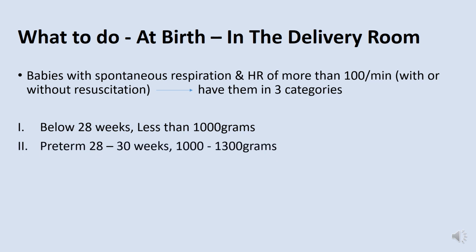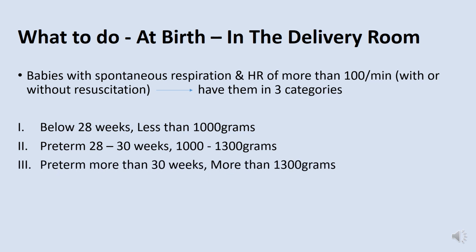The second category is the in-between, 28 to 30 weeks, or weight of 1 kilo to 1.3, that is 1,000 grams to 1,300 grams. And then the third category is the preterm who is usually more than 30 weeks and also more than 1,300 grams. So pay attention to these categorizations.